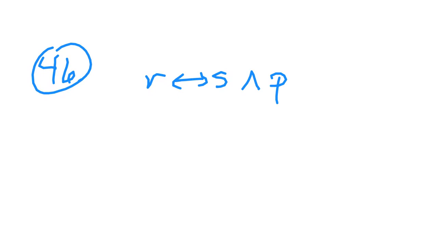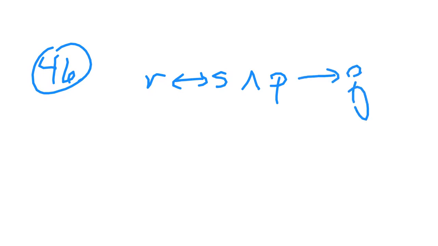So number 46 here, we want it to be a conditional statement. We want the conditional to be the most dominant connective. In other words, the last thing we do. So we've got R, if and only if S, and P implies Q.